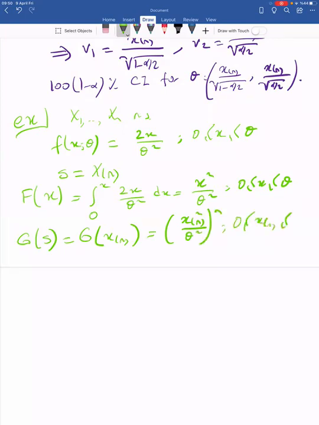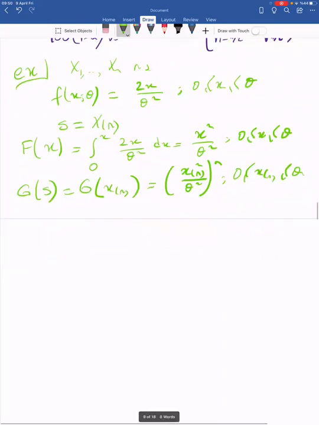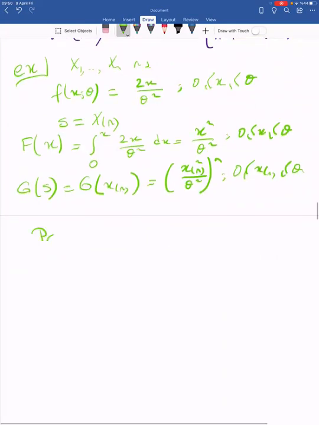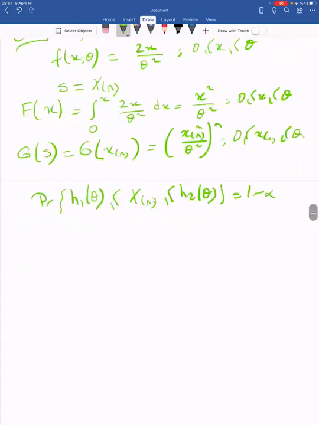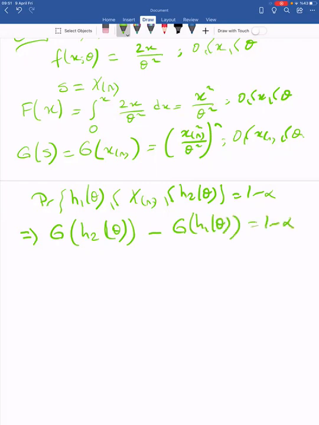Now our aim is this one: the probability that our sufficient statistic, the nth order statistic here, lies between h1(theta) and h2(theta) equals 1 minus alpha. Then this equals the h2(theta) CDF minus the h1(theta) CDF, equal to 1 minus alpha.